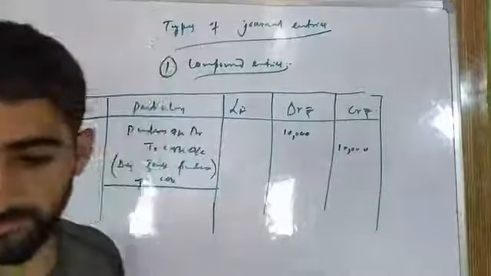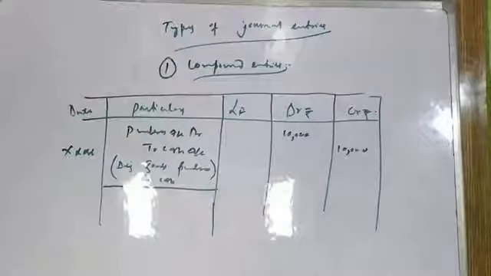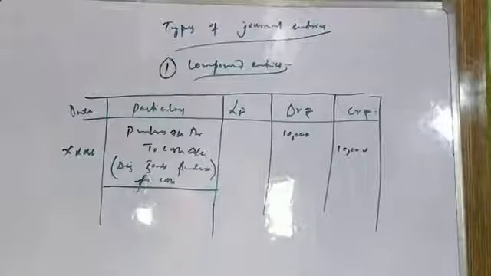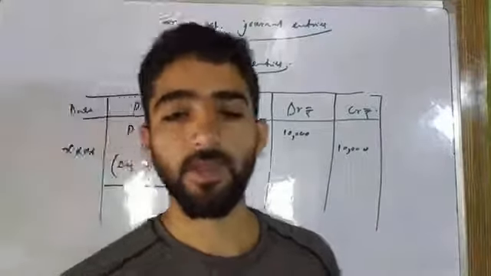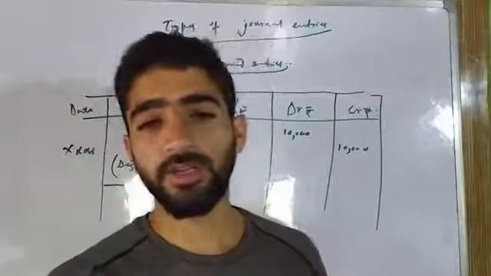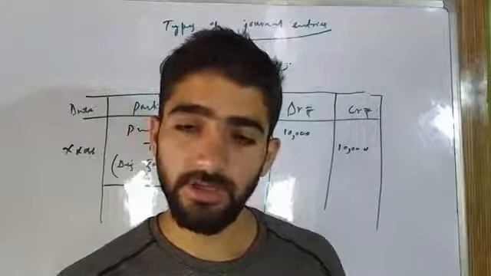For example, let us take an example of a compound entry. I have already said that those entries in which more than 2 accounts are affected are called compound entries.